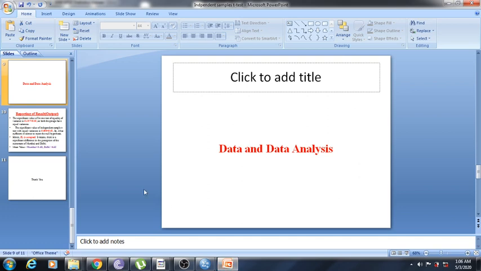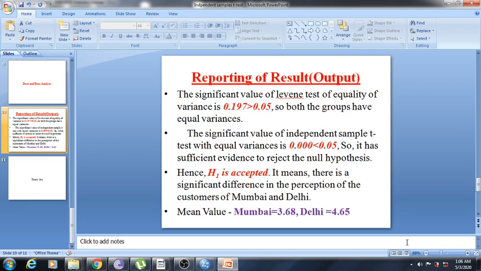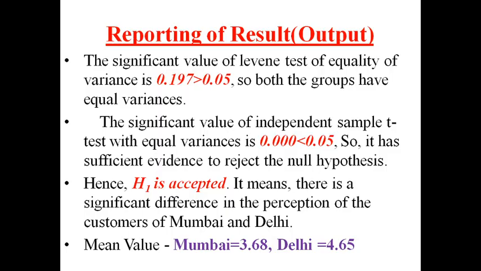Now how should we report this data? We will report it like this. The significance value of Levene's test of equality of variance is 0.197, which is greater than 0.05, so both the groups have equal variances. Also, the significance value of the independent sample t-test with equal variance is 0.000, which is less than 0.05. So there is sufficient evidence to reject the null hypothesis, because the significance value is less than 0.05.